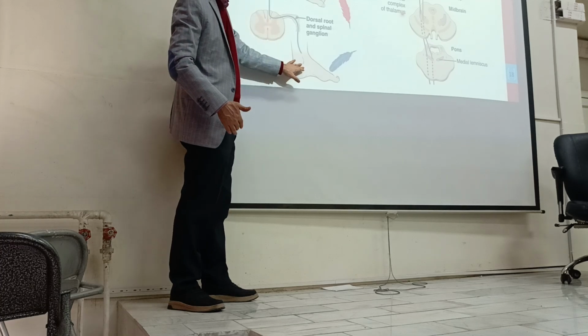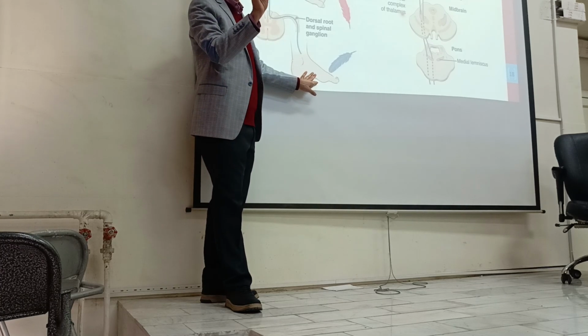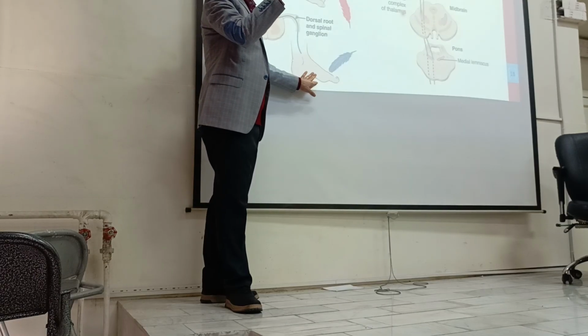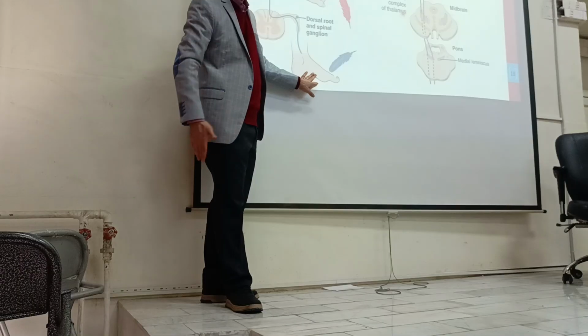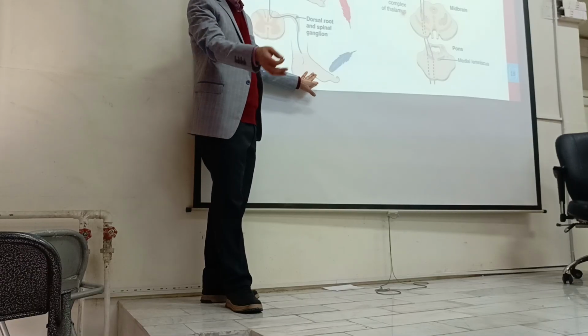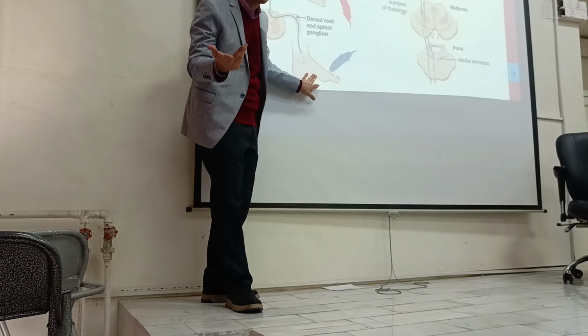For example, the anterior side of the leg is innervated by nerves from lumbar sections, but the posterior side of the leg is innervated by spinal nerves that originate from sacral regions.